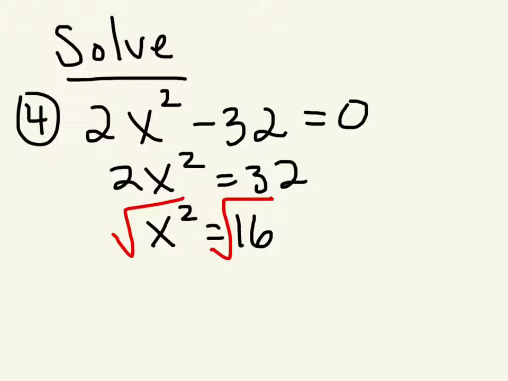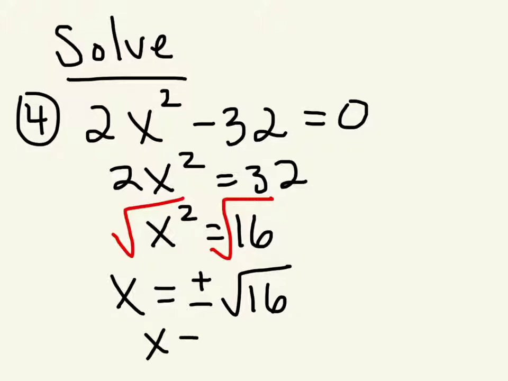However, when I take the square root of both sides and I'm solving for x, we want to make sure that we know that x is going to be equal to plus or minus the square root of 16, since both the positive and the negative square root will make this true.